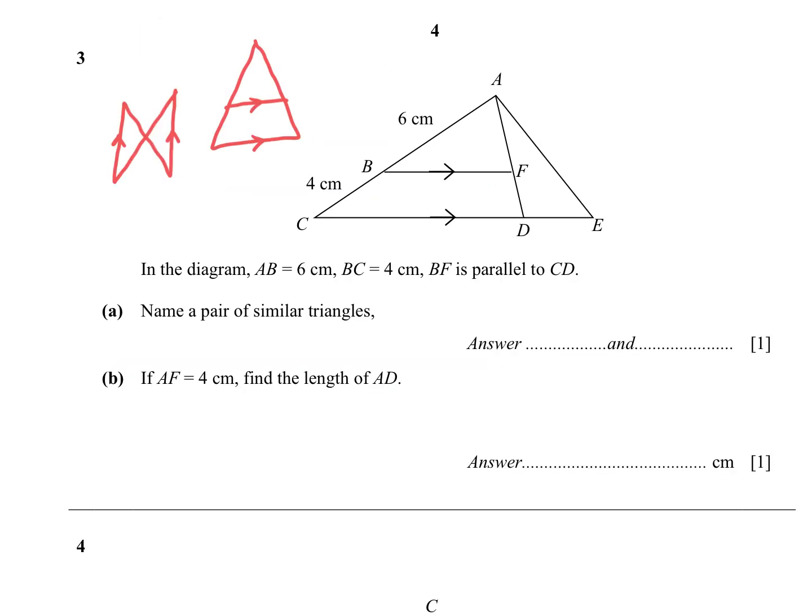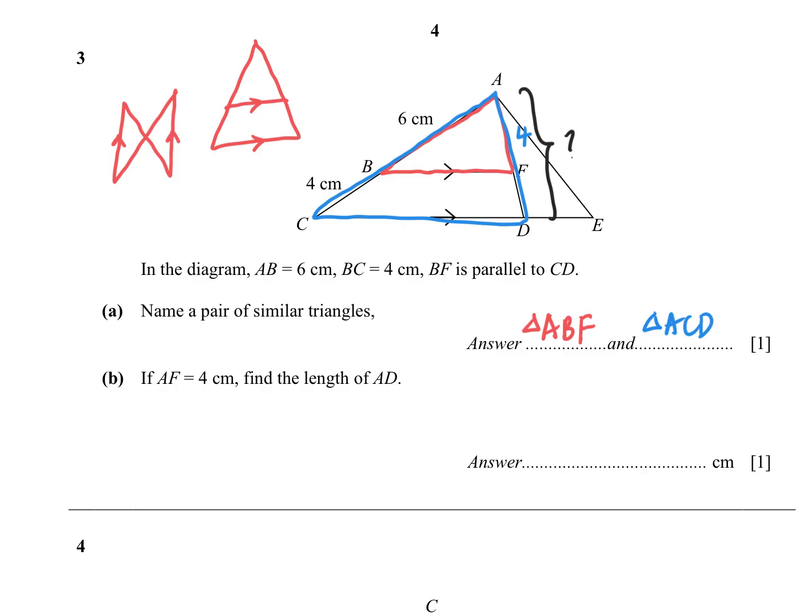So the stacked triangle, take note. The smaller one is ABF. The other one is ACD. Okay? So they say if AF is 4 cm, can you find AD?